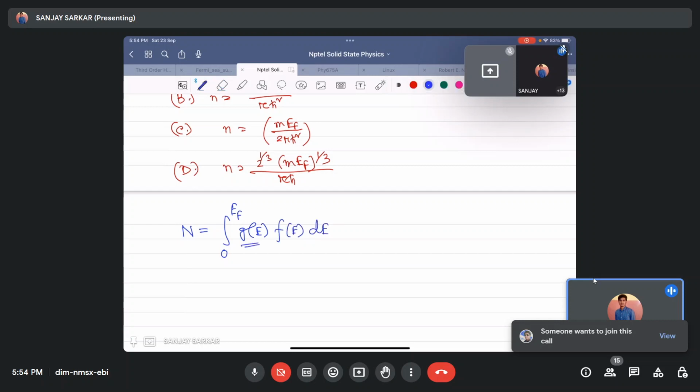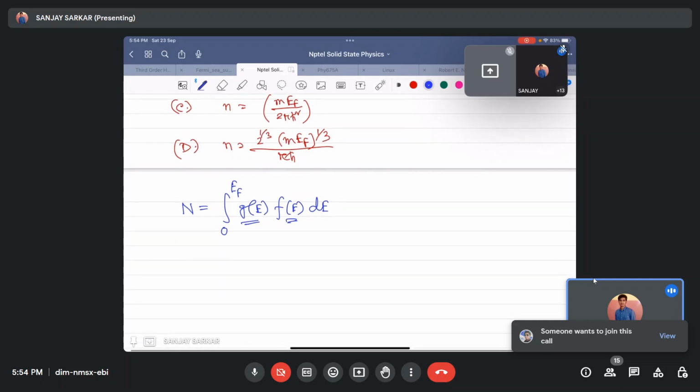So G(E) is the density of states and f(E) is the Fermi-Dirac distribution function, which at 0 temperature is 0 for E greater than EF, and 1 for E less than EF.